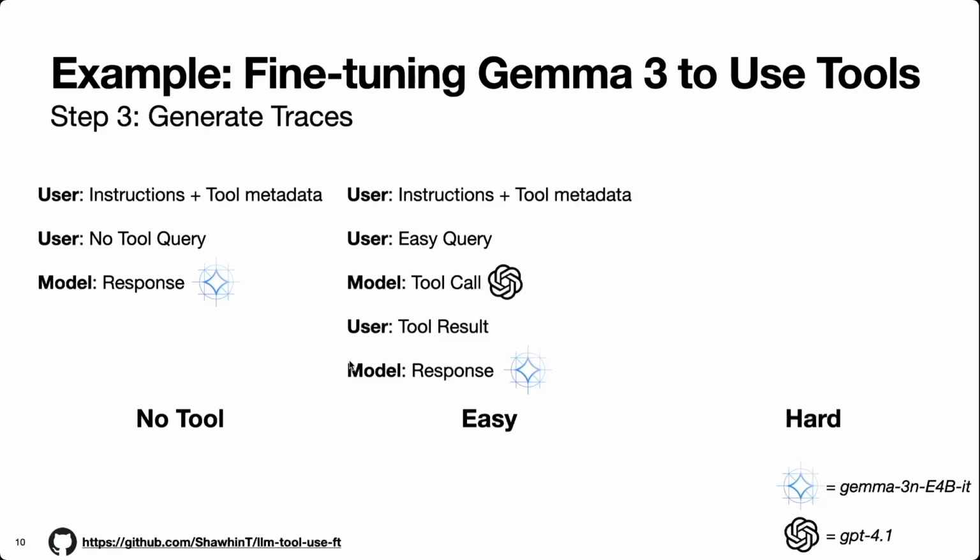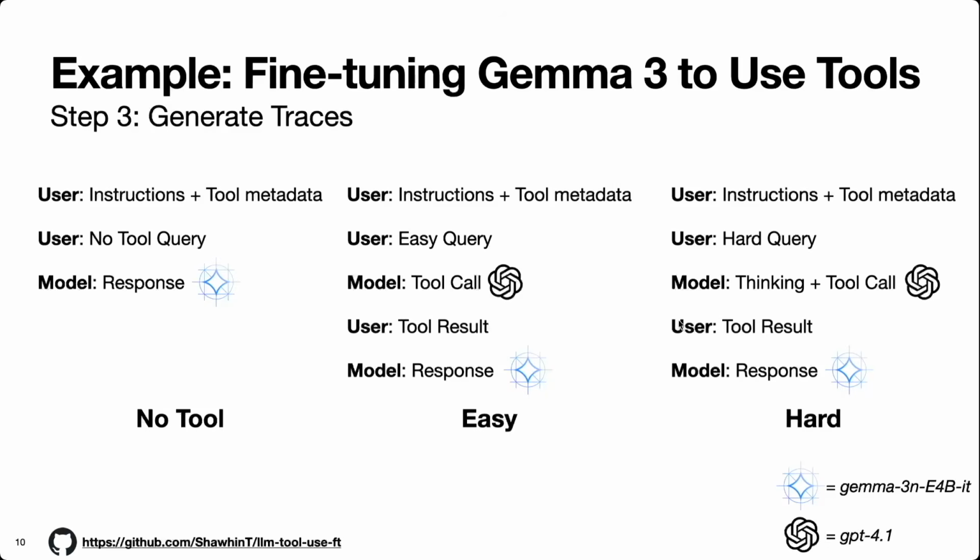And then for the hard queries, the process was very similar, but instead of just having GPT 4.1 do a tool call, I highly encouraged it to write out its thought process first and then generate a tool call.